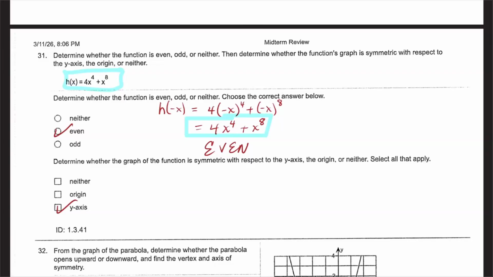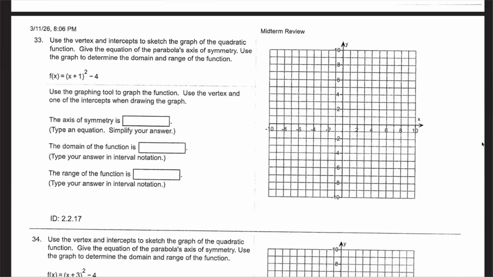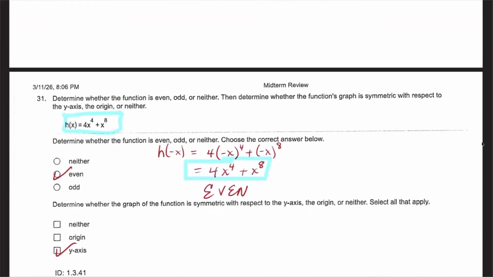And I'm going to stop here. The rest of this is similar to what we've already done, and you get to practice. So this whole worksheet is basically a replica of what you have in your midterm review assignment in my math lab. So you can use this as reference.